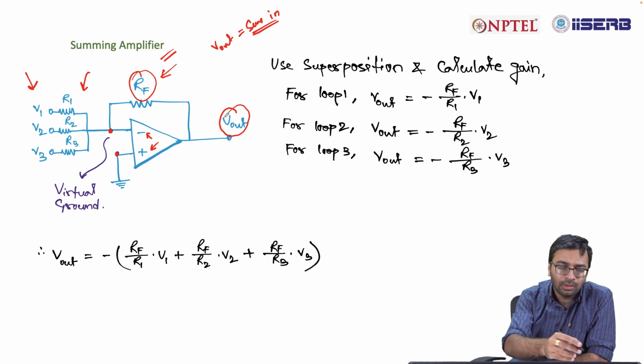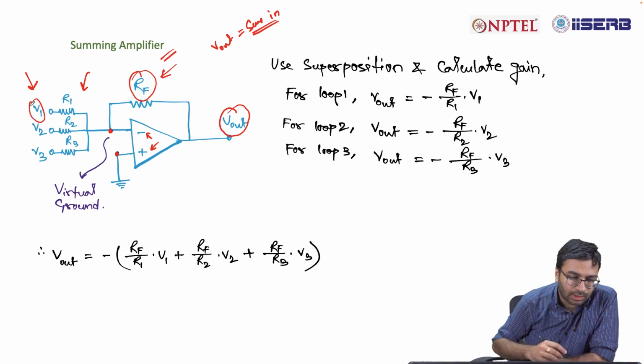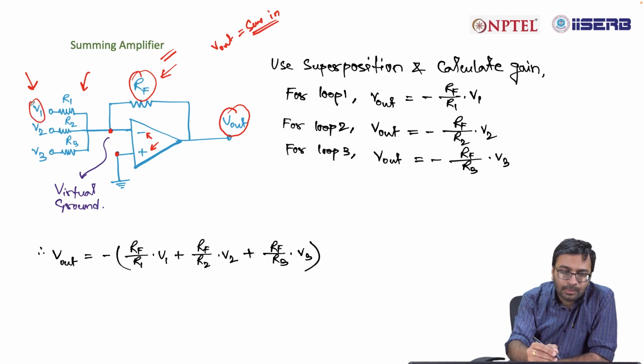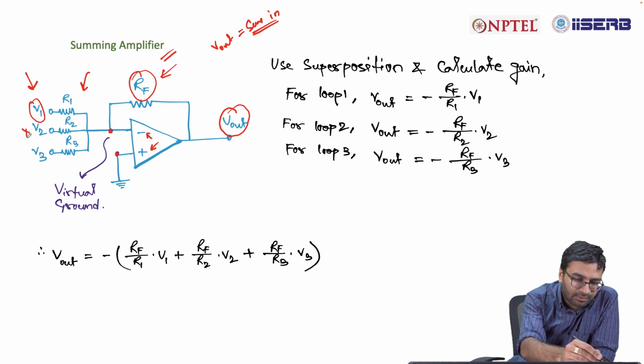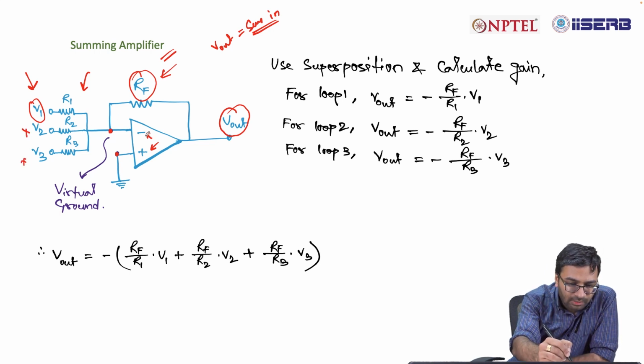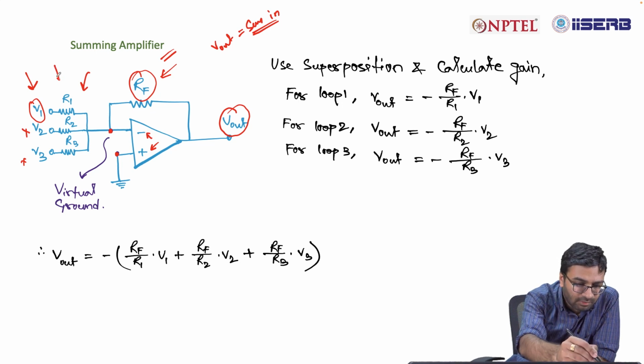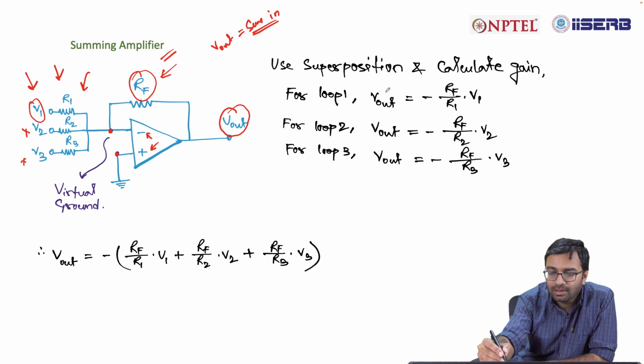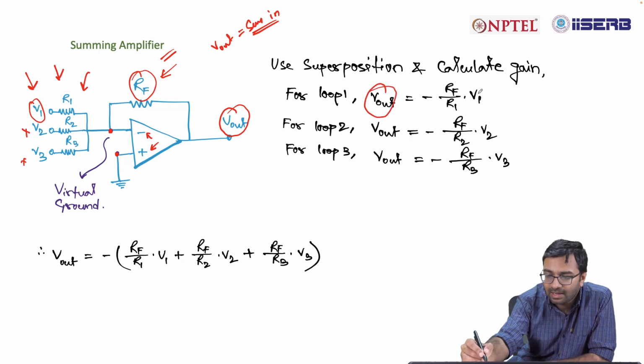So, here also first we will consider V1 only in loop 1, and if you do not consider V2 and V3, R1 is connected to the inverting input. So, it is an inverting amplifier. So, you can write V out is equal to minus RF by R1 into V1.